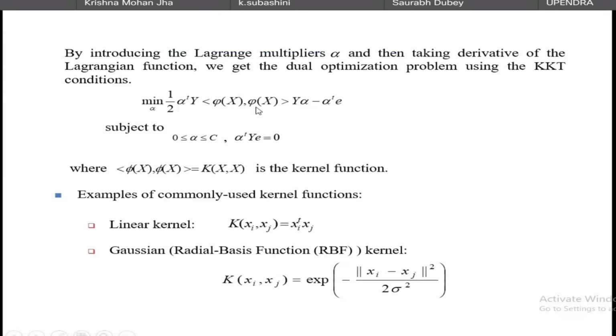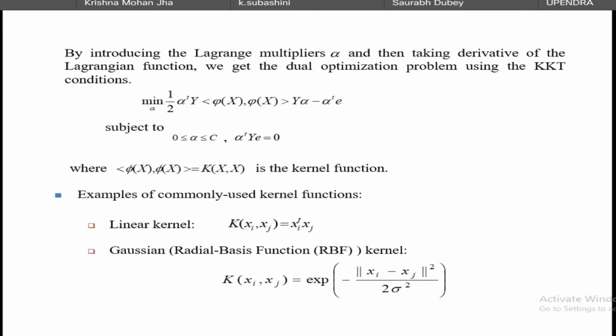Here, obviously I told you we don't know this phi(x), but we can convert phi(x) transpose phi(x) and write it in this particular manner. And this k is nothing but your kernel function. So we are actually applying the kernel trick.